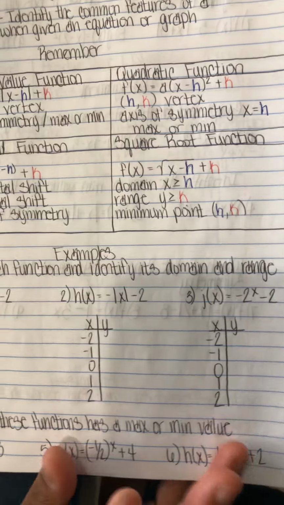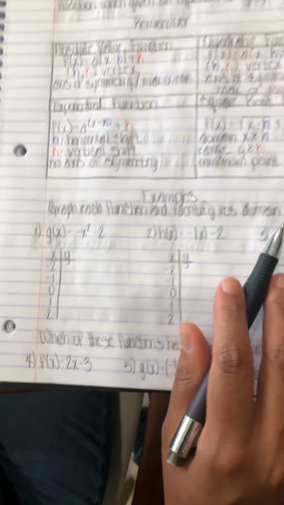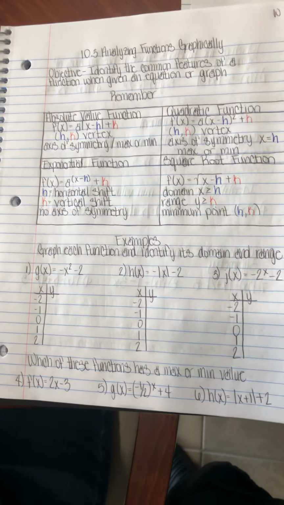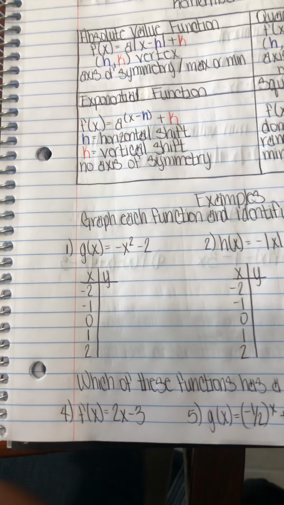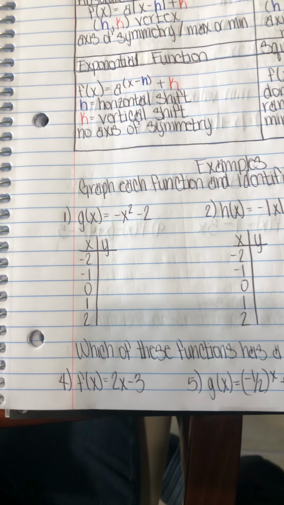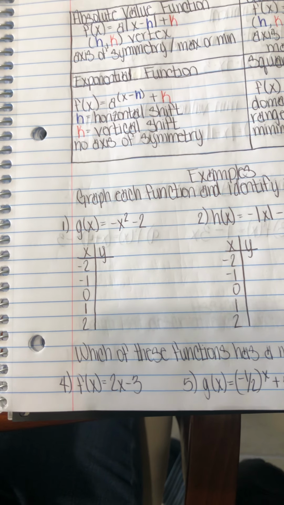All right. For each one of these, it says graph the function and identify your domain and range. So the first thing that I need you guys to do for each of these when you see questions like this is fill out this table in order to be able to graph.